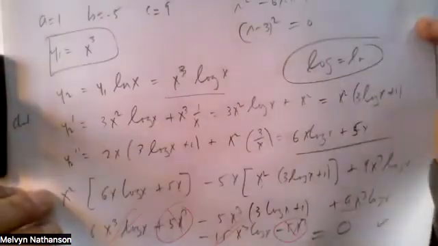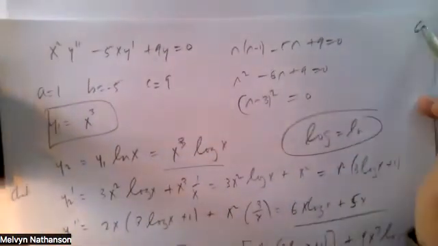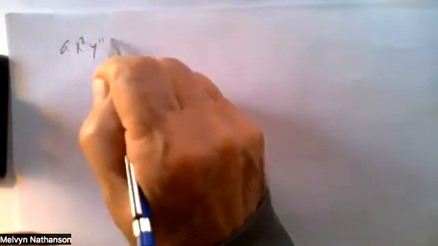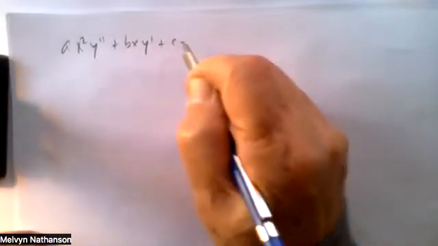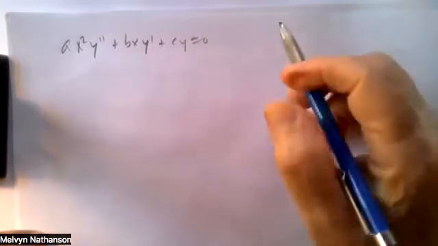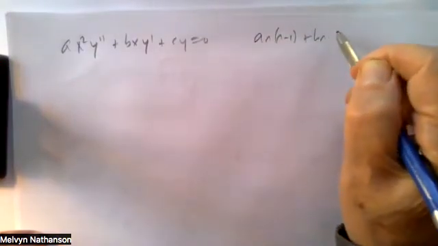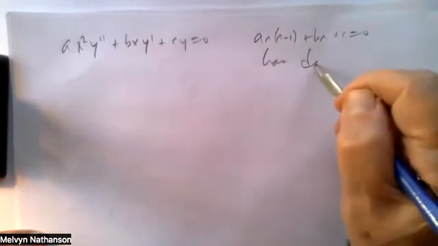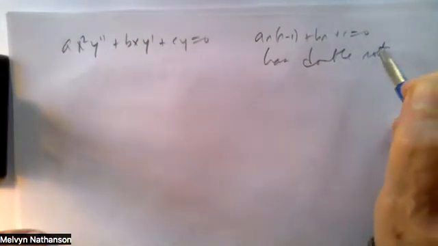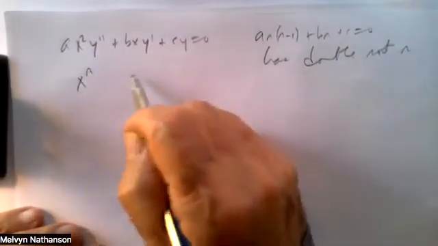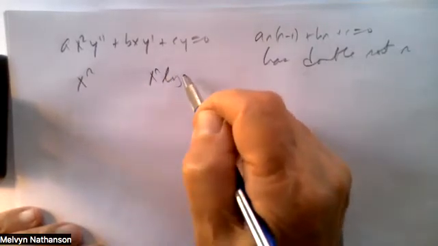So in the case of an Euler equation, ax squared y double prime plus bx y prime plus cy equals 0, if ar(r minus 1) plus br plus c equals 0 has a double root r, then the general solution is x to the r and x to the r log x.